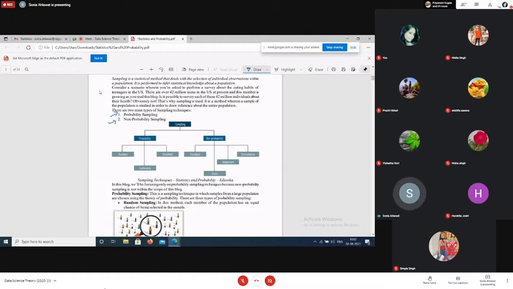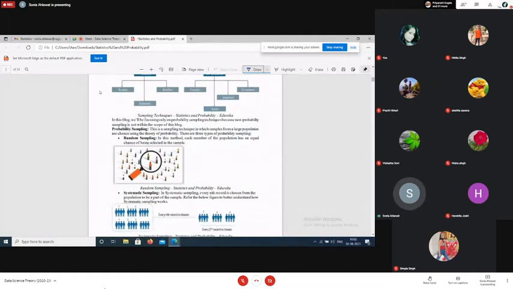For example, the chances of getting a random card from a deck of 52 cards, either a queen or a king or a diamond or a heart. That is probability. So probability sampling is the sampling technique in which samples from a large population are chosen using theory of probability. And these are basically of three types.